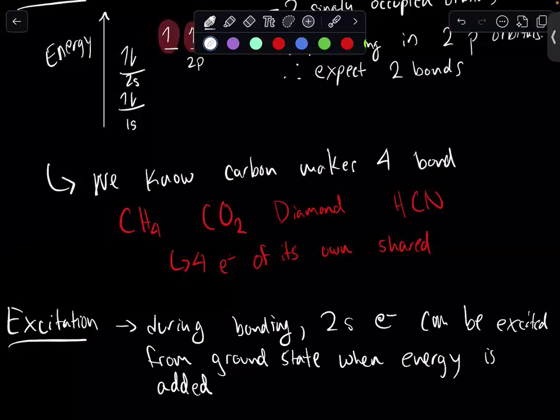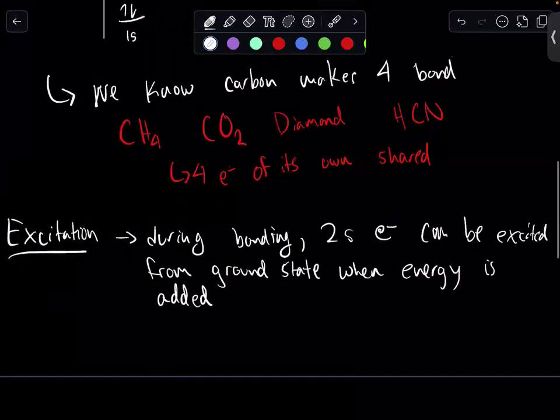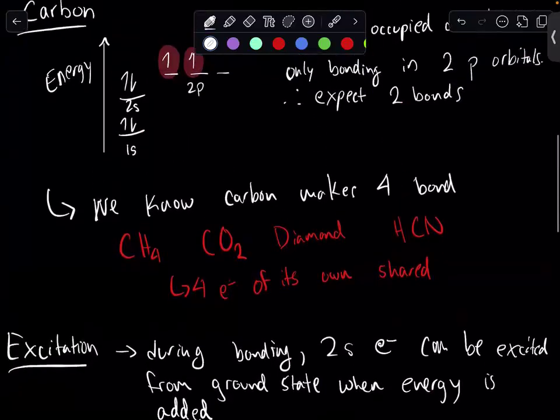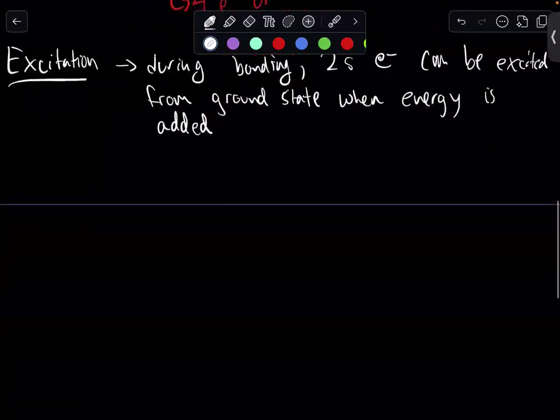We're not going to concern ourselves very much about the added energy right now, but we will look at it when we start talking about things like enthalpy and reaction energies. But for now, we'll just understand that we can excite these electrons. So now we have a new energy level diagram, and this is now in the excited state.